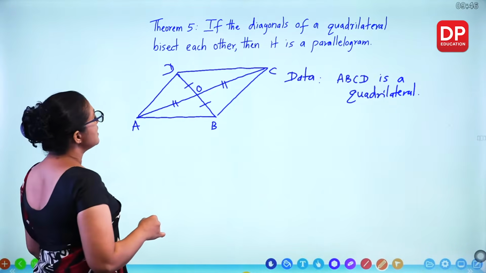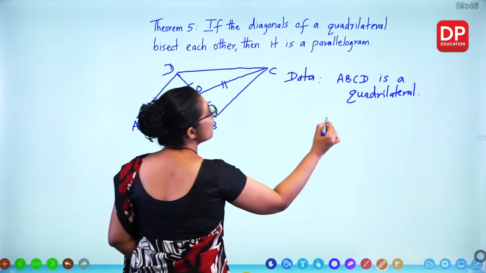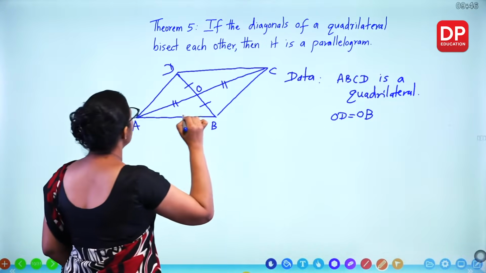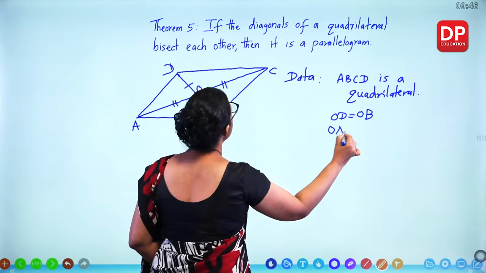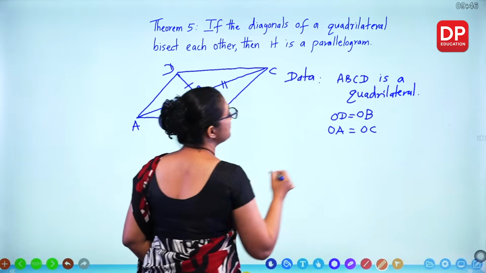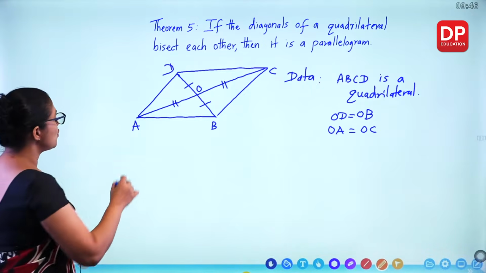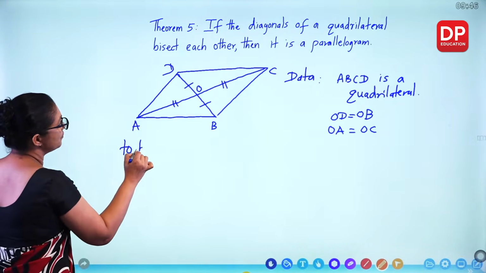So under data we can write OD is equal to OB as well as OA is equal to OC. That's given. Now what do you need to prove?